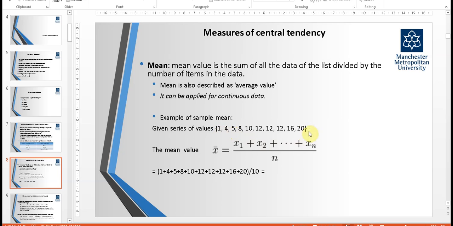So we've got 10 numbers in total, then you just need to add them up and divide it by 10. And that's exactly how to calculate the average value. Bear in mind that sometimes although each of your values could be integers, the average might have a decimal place.